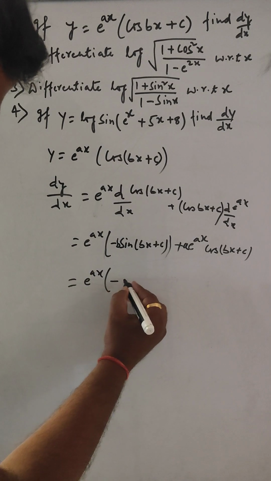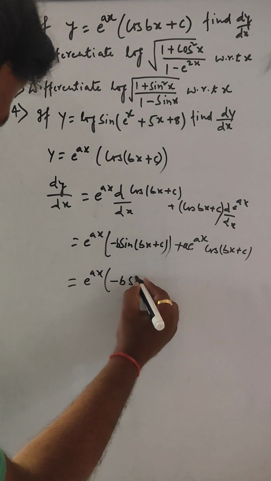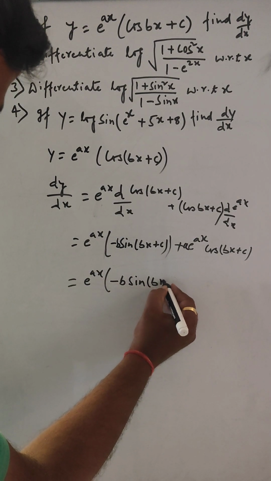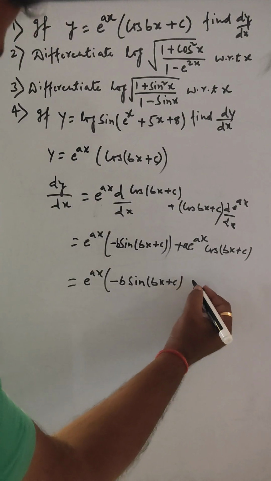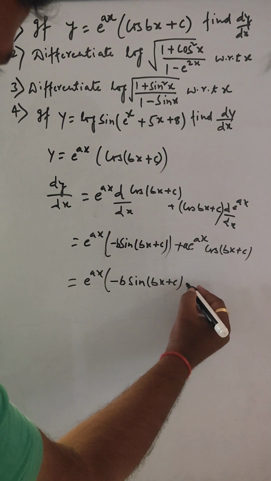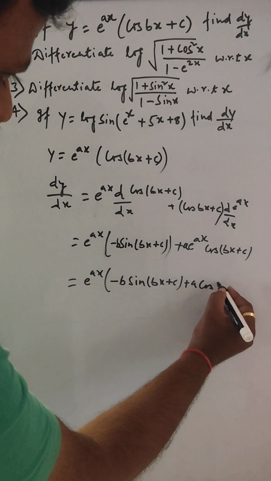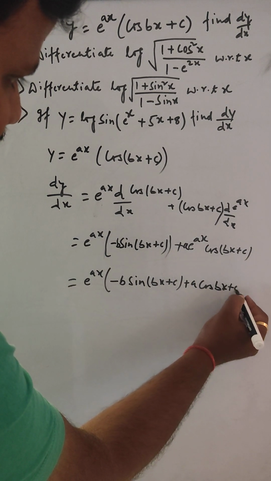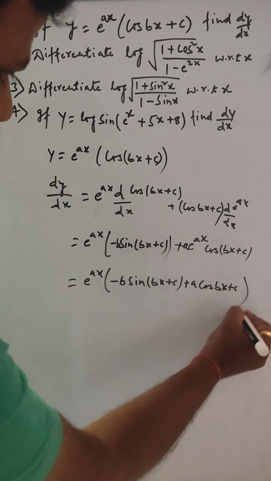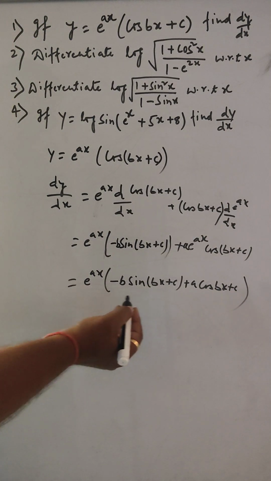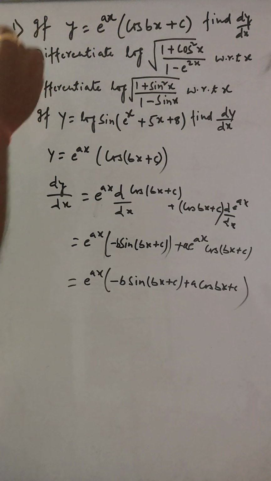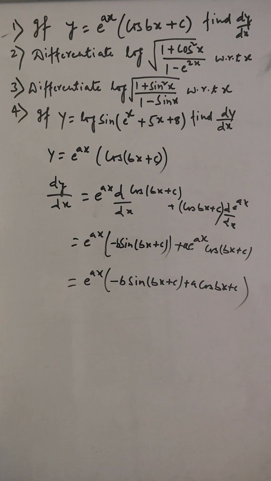Here this is minus b sin(bx plus c), and here plus a cos(bx plus c). So this is the answer of your first problem. First problem is done.